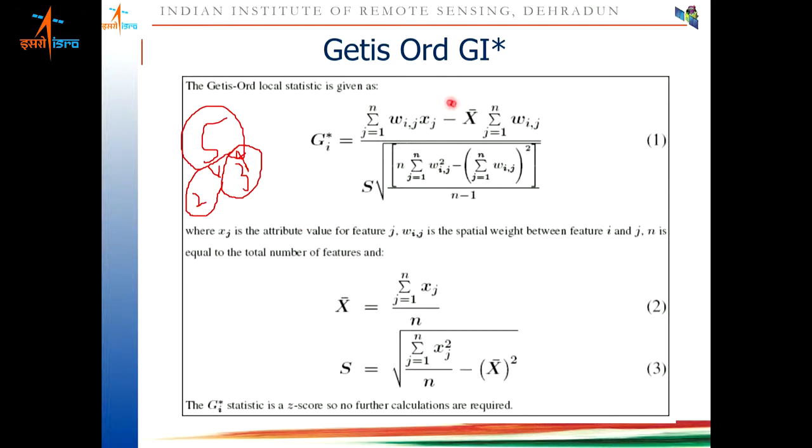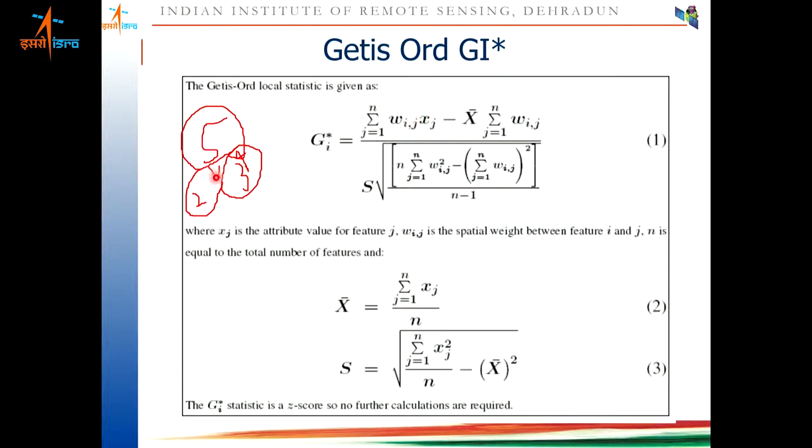There is another way to assign weight, that is the contiguity based method. The contiguity based method has two ways: polygons sharing boundaries, and polygons sharing boundaries as well as corners. So if you are selecting polygons sharing boundaries, polygon 1 and polygon 2 are sharing boundaries, so this W12 will be assigned weight 1.